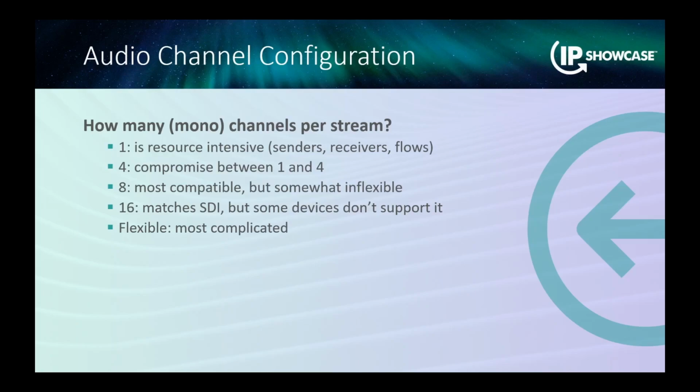Some use 4 because it's a compromise between 1 and 8. Some also go for flexible: if I need a stereo signal, I go 2; if I need a mono signal, I use 1; if I have a 5.1 signal, I go for 6 channels and so on. But this can get very complex, so you really need to know what you're doing.